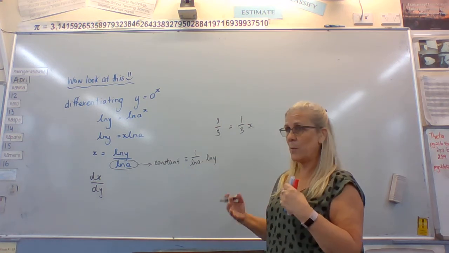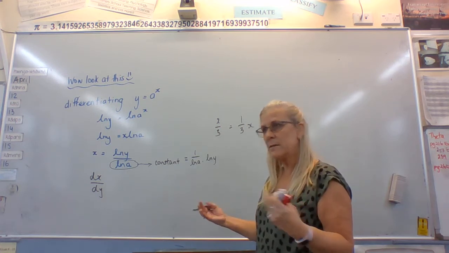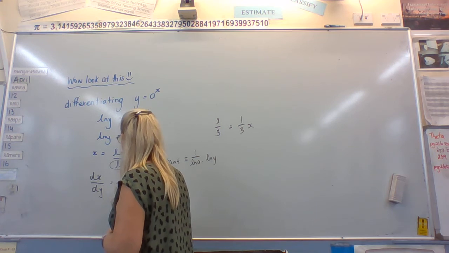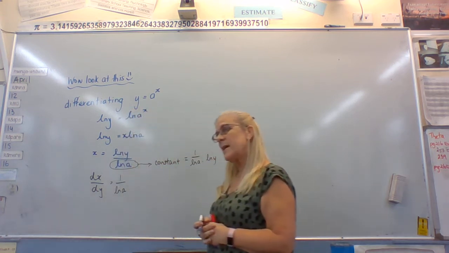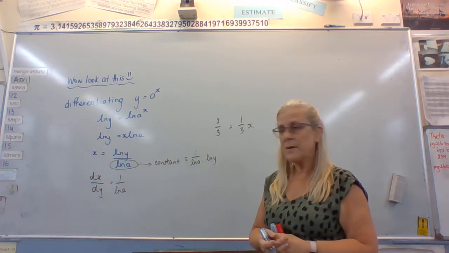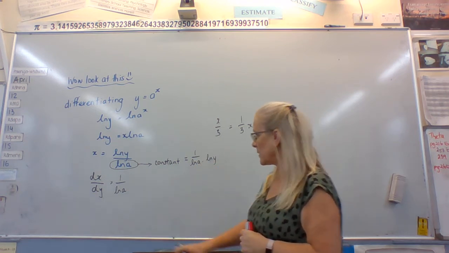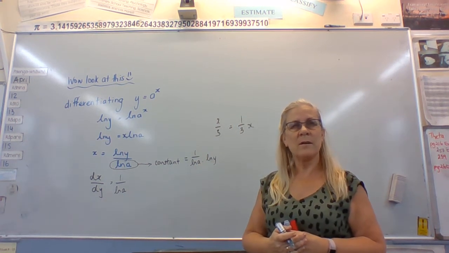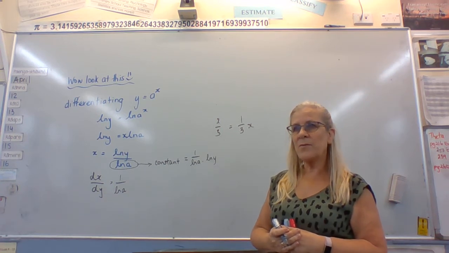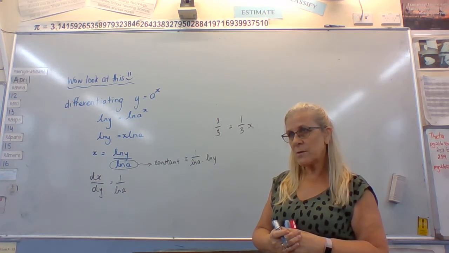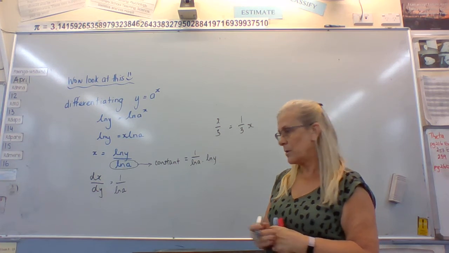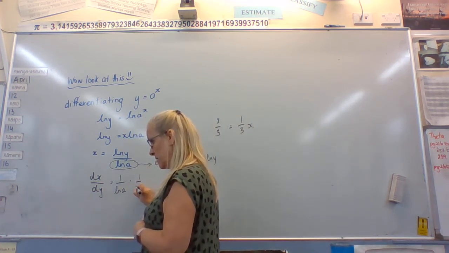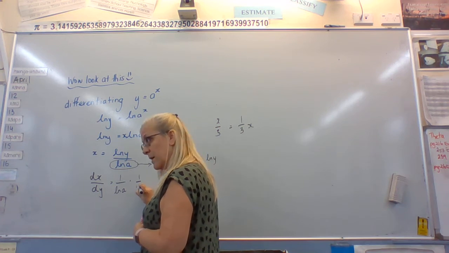So that part just stays the same as though it was 3. We've got 1 over ln of a of these differentiated. What does ln of y differentiate to? Good. 1 over y.